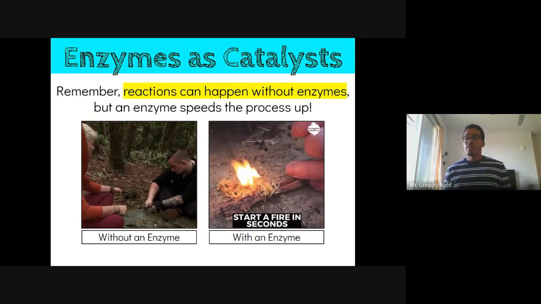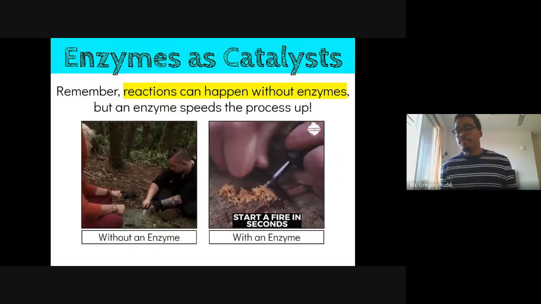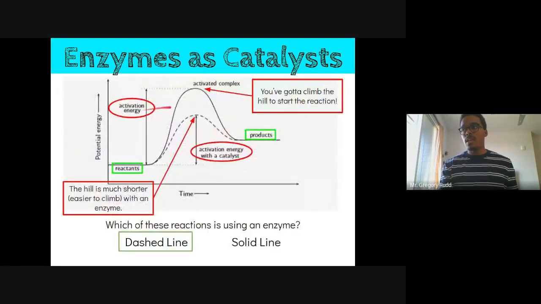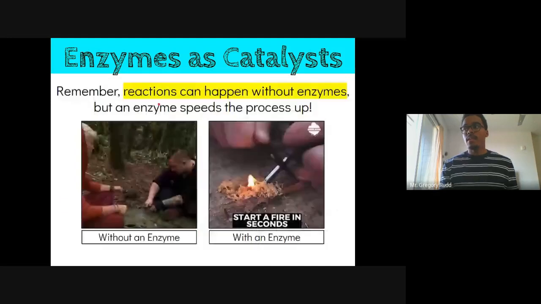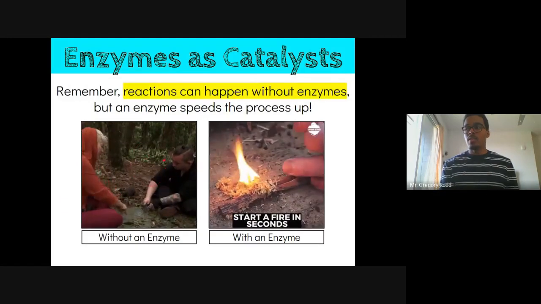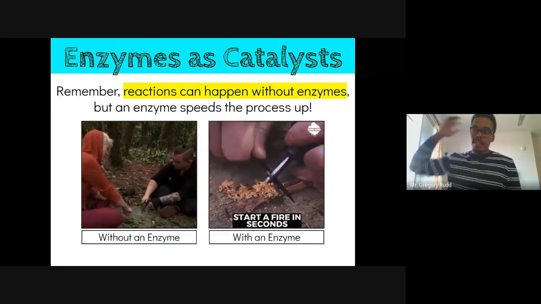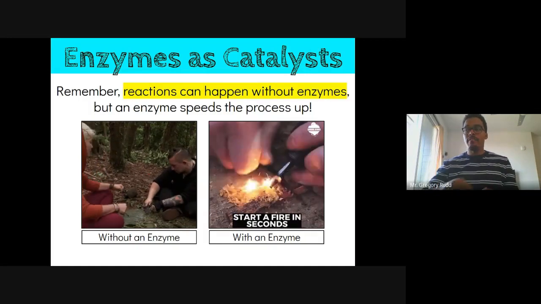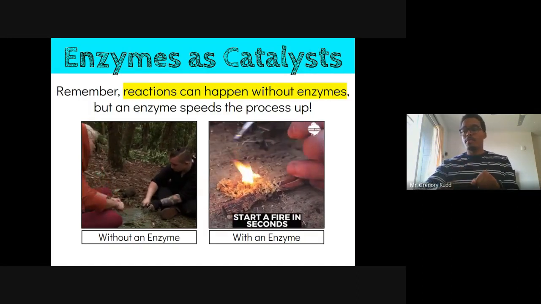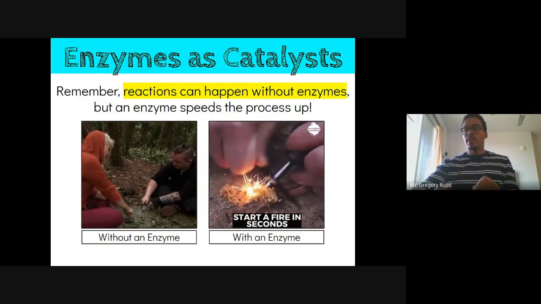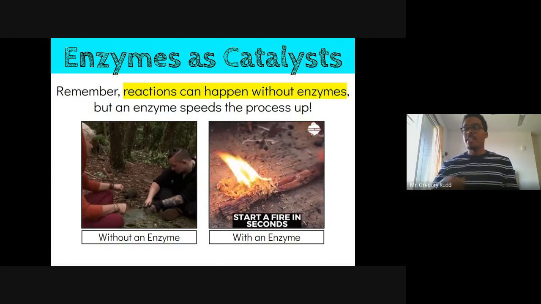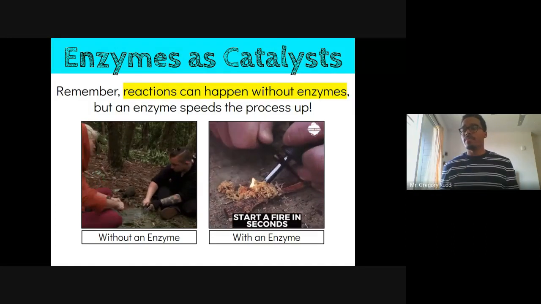Now remember, reactions are going to happen regardless. A reaction can still take place without an enzyme. It's just going to be a slow process. So these two people on the left, they'll eventually start a fire. If they keep creating that friction using that flint, they will eventually create a fire. But this person on the right is able to do it much faster.